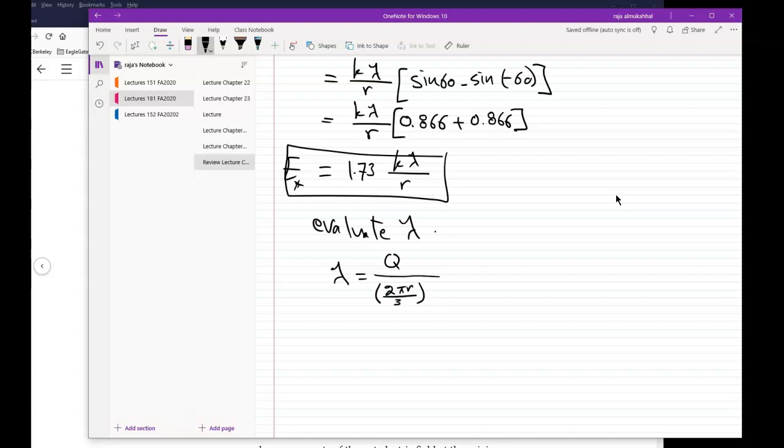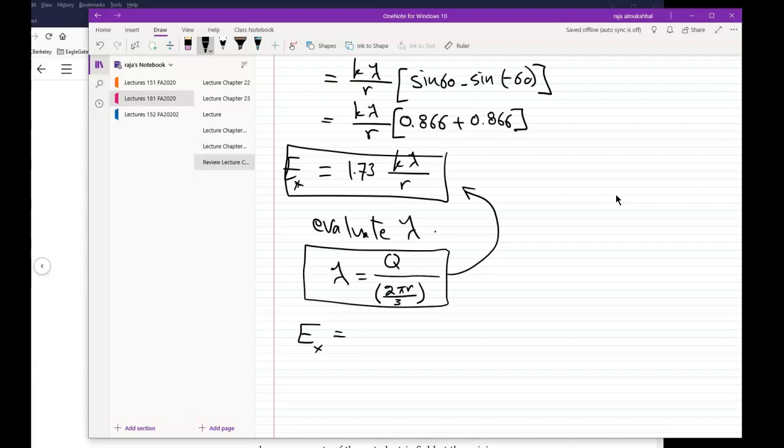And then we can take that and substitute it there. That's basically the value of lambda, given that we have a number, so we can just plug it in. Now, how would the electric field E sub x look with this value of lambda?